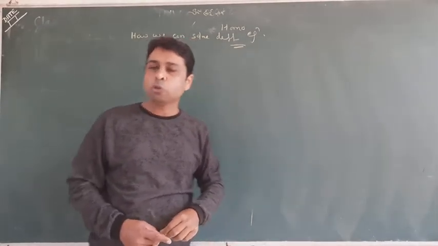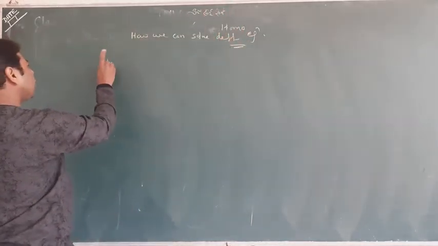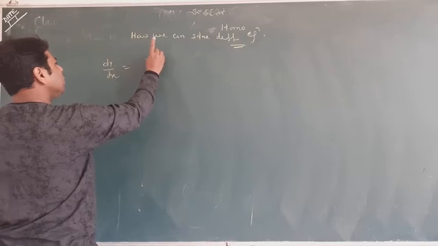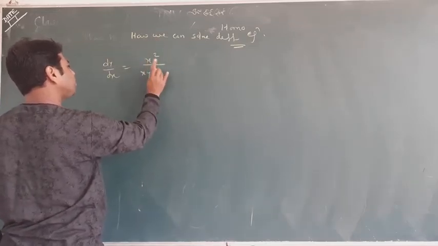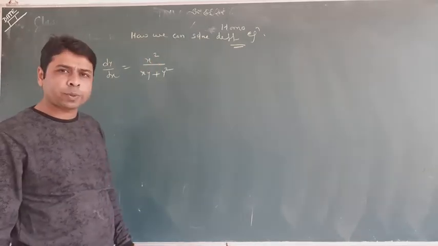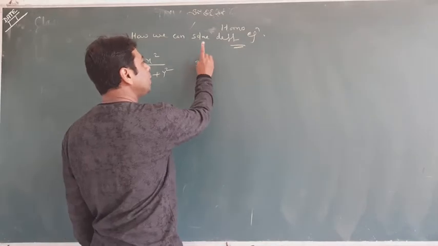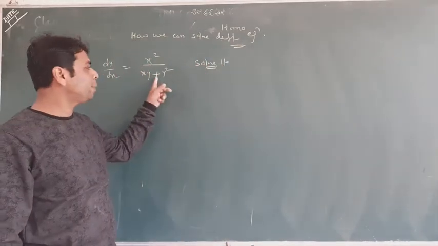Today we will see the method. I'm not giving you all the things, but I'll do the initialization. Suppose the equation is dy by dx equal to x square upon xy plus y square, and the question says solve it. Look at the terms of y and x, they are coming with a plus sign.